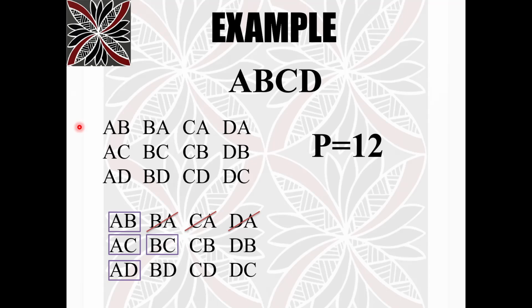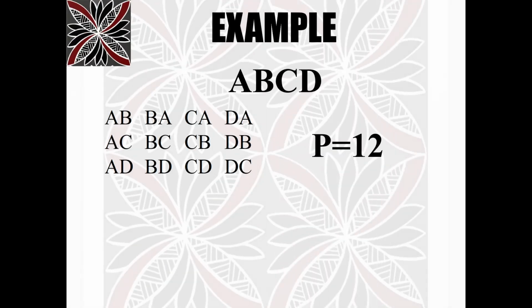We have BC, so we don't count CB. We have BD, we don't count DB, and we have CD, therefore we don't count DC. Because the order doesn't matter, we don't count repeats in combination.